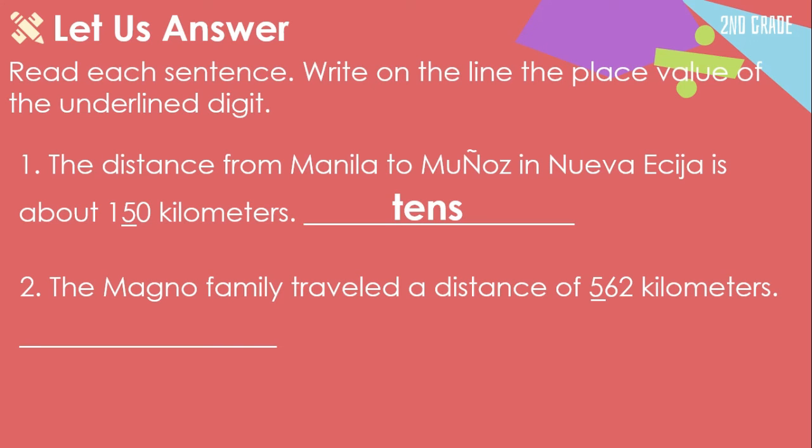Number 2. The Magno family traveled a distance of 562 kilometers. The underlined digit is 5. What is the place value of 5? Very good. It's hundreds.